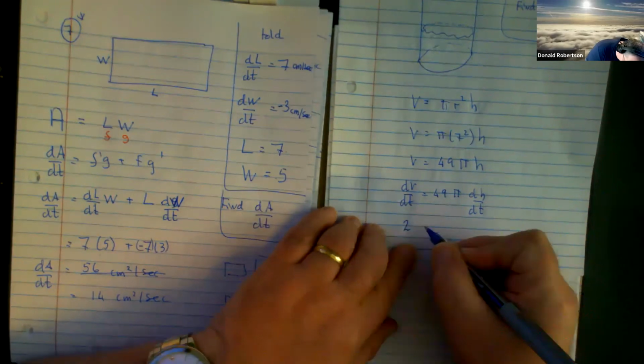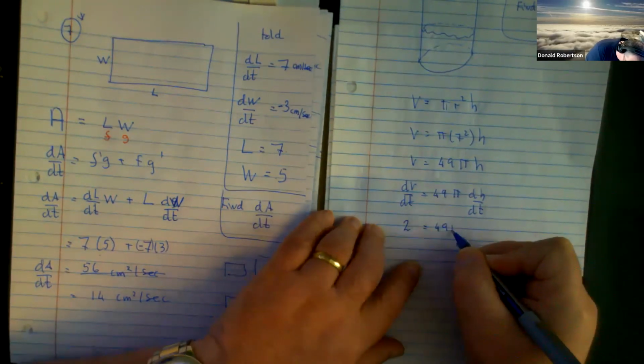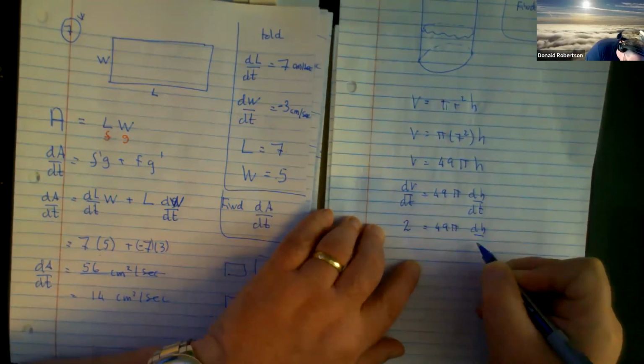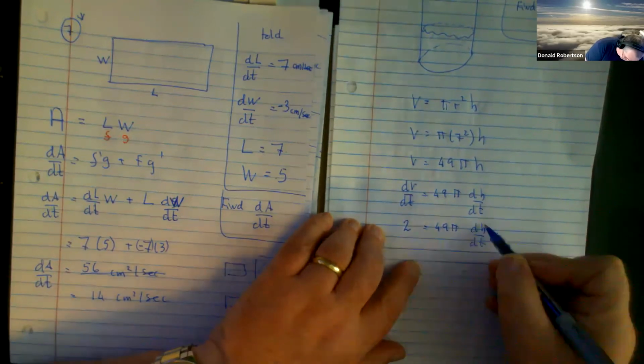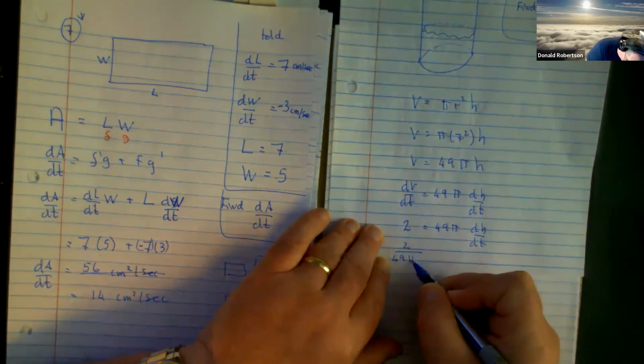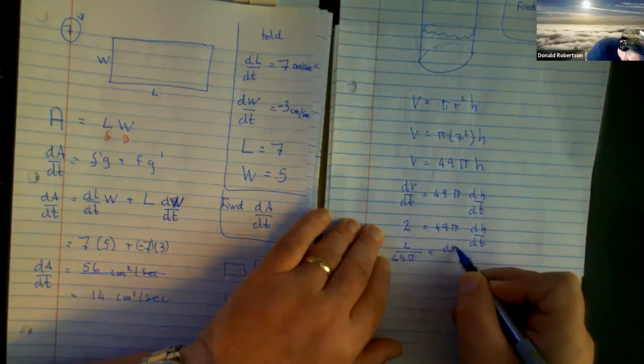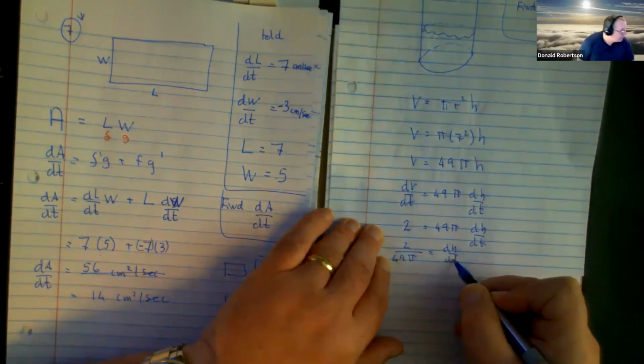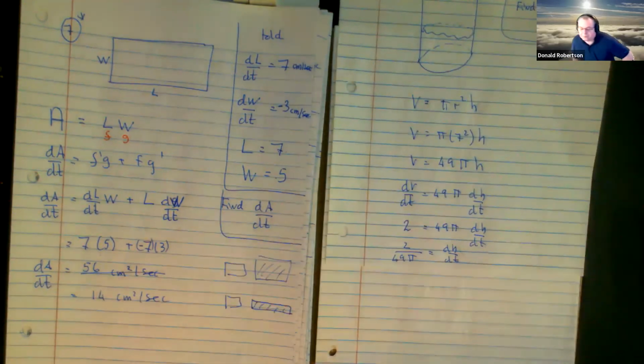That's 2, 49 pi dh by dt. And yep, that's the guy I want to find. So how about divide by a really ugly fraction? And that is the answer. An exact value, don't need to turn into a decimal. Are we good with that one?